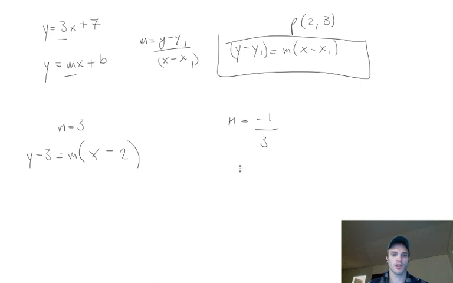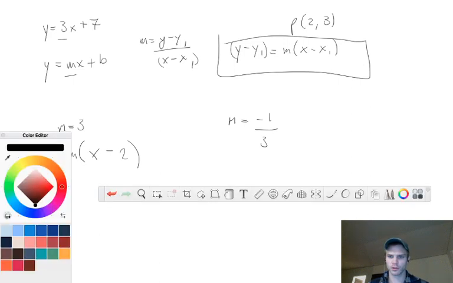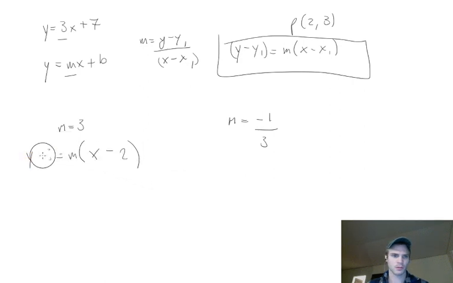Okay, and then we can leave it in this, oops, I should have put this value in for m here, 3.